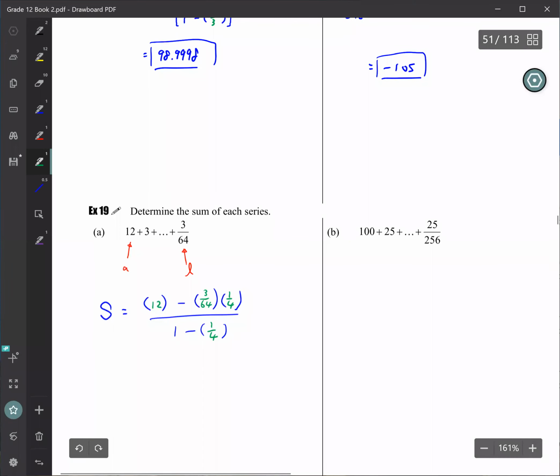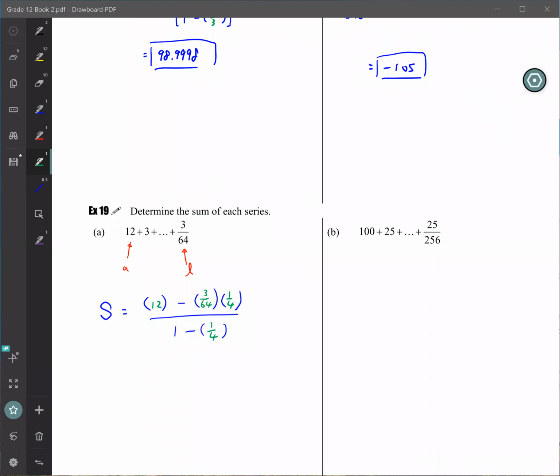Okay, so try this again. Please raise your hand when you get the answer for this. Okay, this one, I think you can leave the answer in fraction.